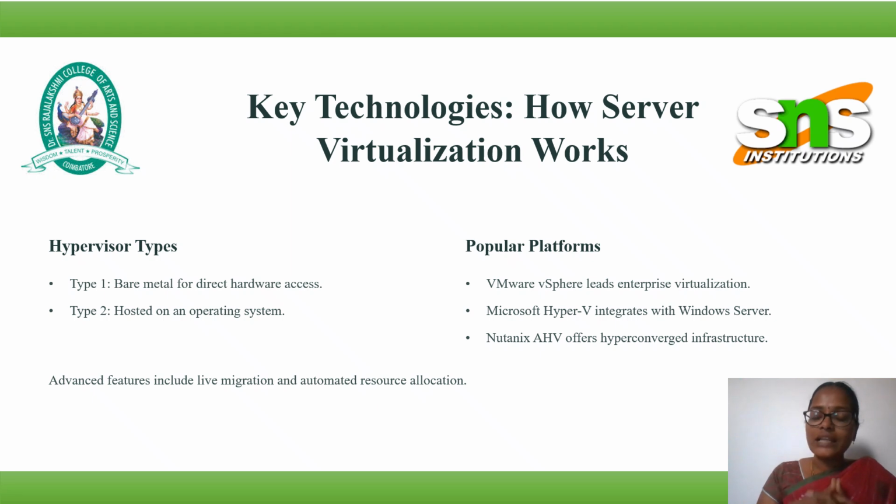At an advanced level, we can use server virtualization for live migration and automated resource allocation. Live migration means if you want to work with live data, you go for live migration, and if you want to do automation operations on a particular task, you go for server virtualization.